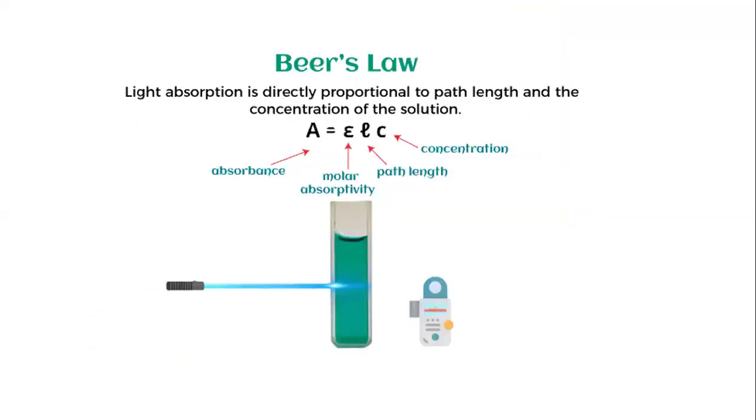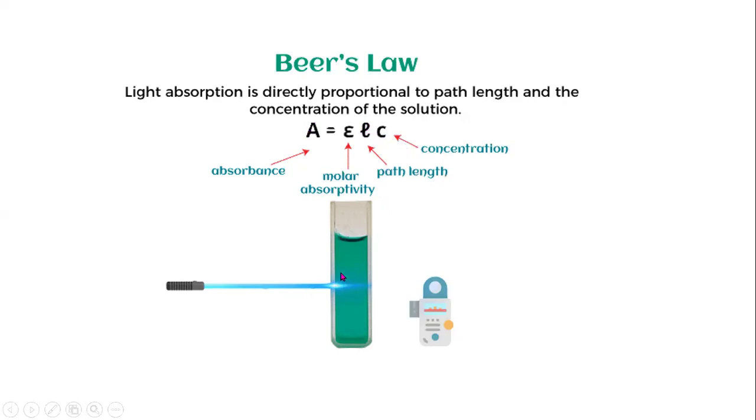Beer's law states that light absorption is directly proportional to the path length and the concentration of the solution, which is given by this expression. Absorbance of light is equal to the molar extinction coefficient times the path length times the concentration.